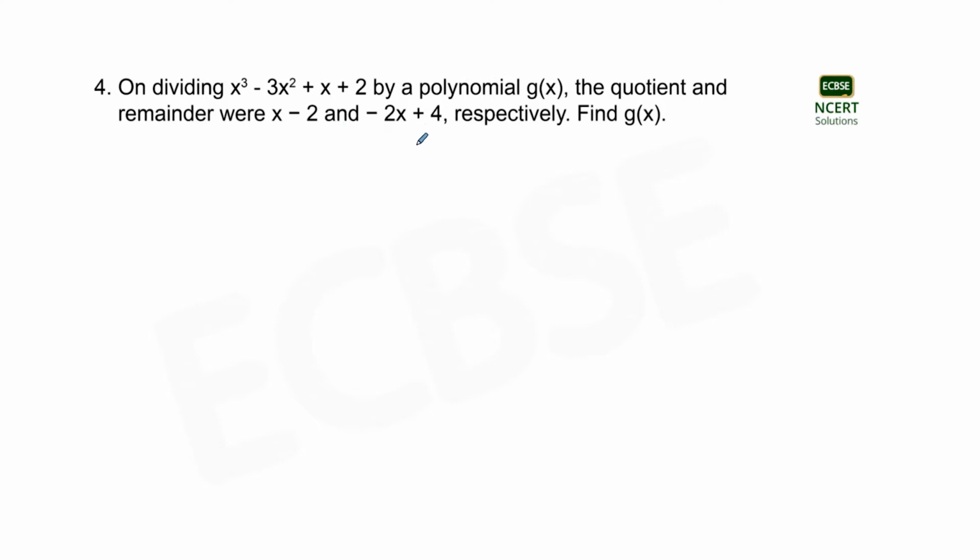Now, if we visualize this according to the data provided, the dividend is x^3 - 3x^2 + x + 2, and the divisor is g(x). The quotient is x - 2 and the remainder is -2x + 4. So this is the situation being provided in this question.